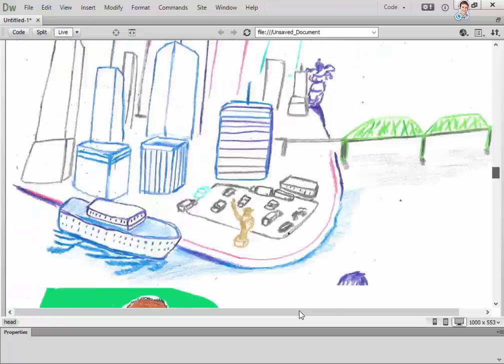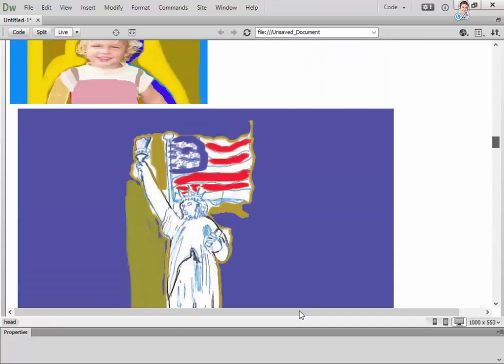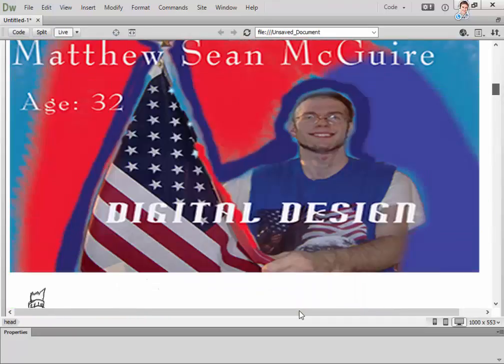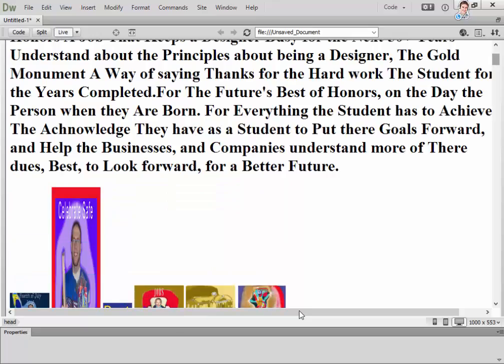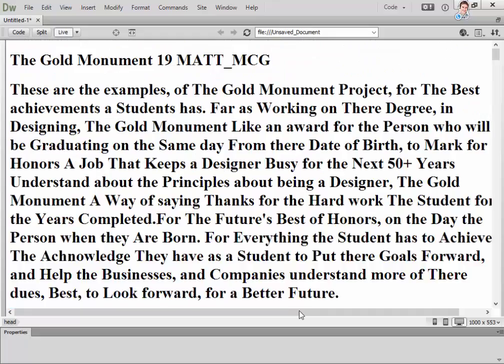So you have a variety of examples. I counted about 13 or so different examples of a gold monument.